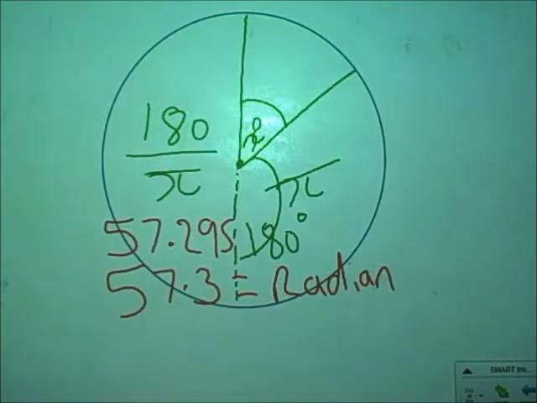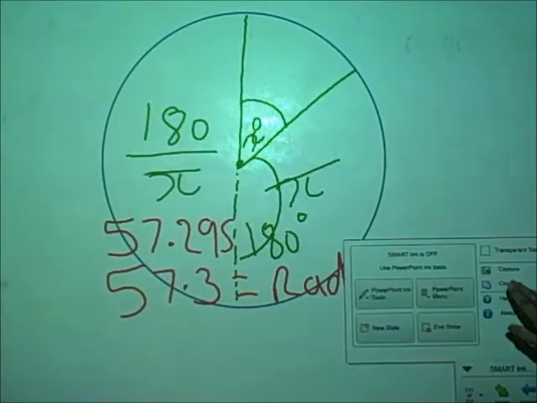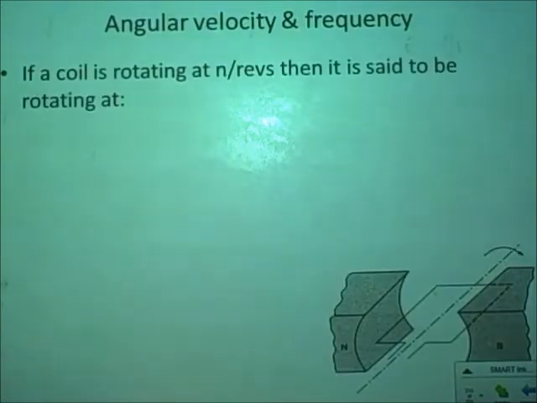Okay, Luke, just describe the formula used to calculate a radian. Well, 180 divided by pi. Okay, let's just clear that. We'll need to move on, so very rapidly.